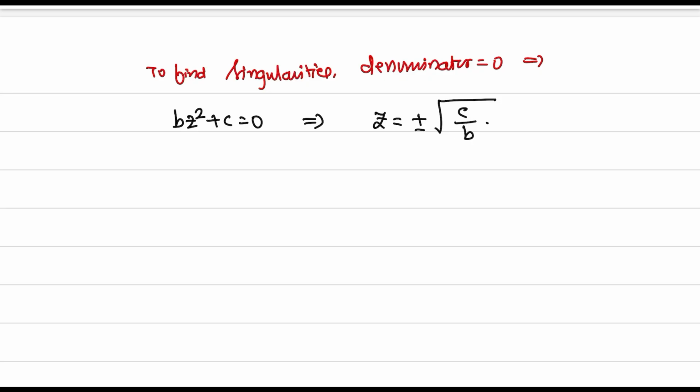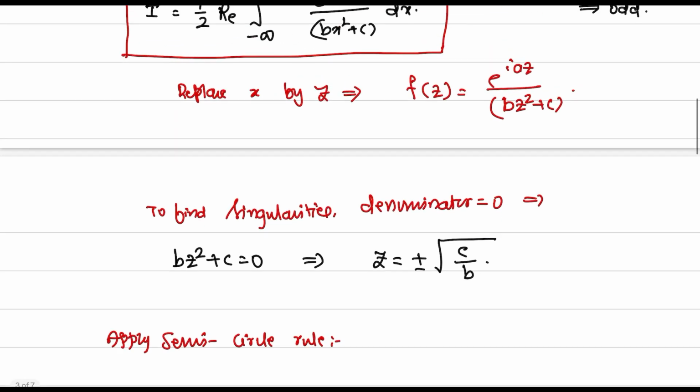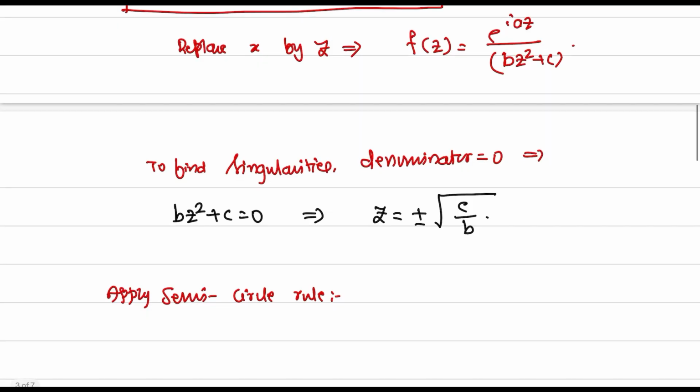And apply the semicircle rule. Because as z tends to infinity, 1 by bz square plus c tends to 0.